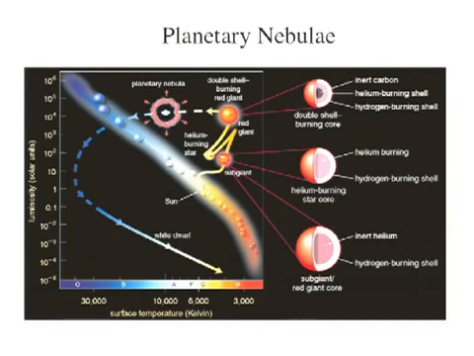You get inert cores of craziness going on. And it gets more and more complicated as the star is just trying to burn its fuel. And what it does then is eventually it turns itself into a planetary nebula where it just blows off the outer stuff. Just blows it apart.